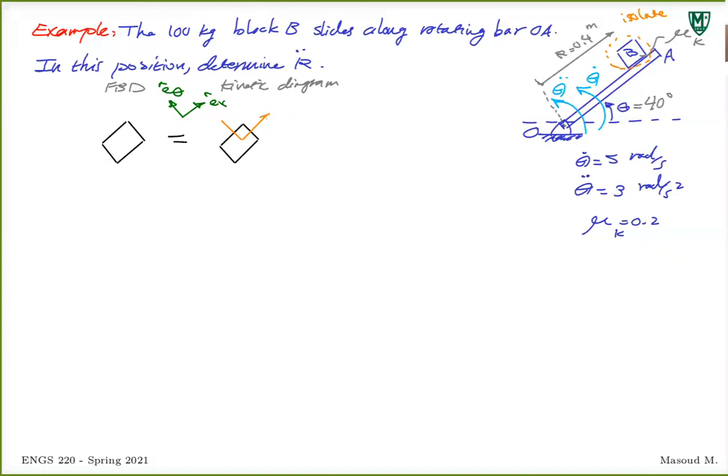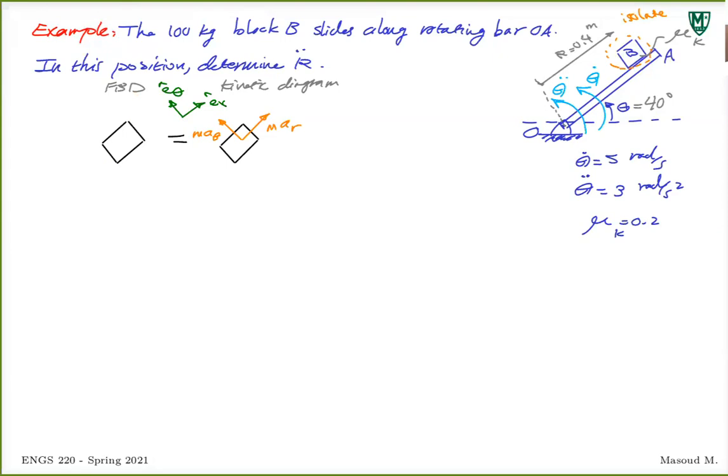One is going to be a_r, and I'll say m a_r, and one is going to be a_theta, I call it m a_theta.